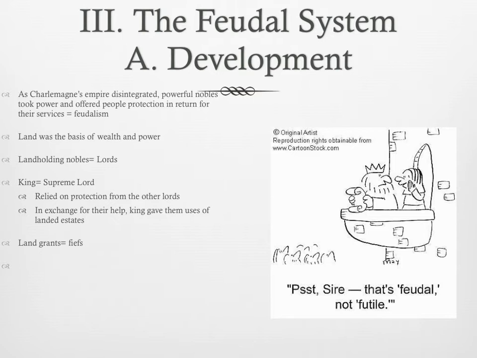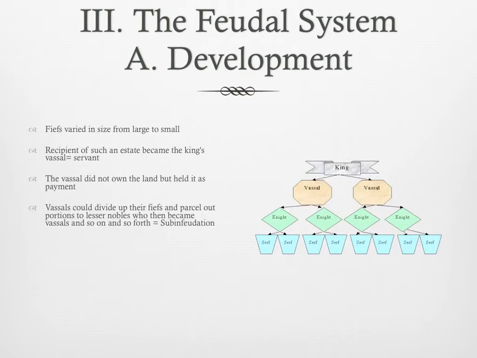When this system first develops, they have to return them back to the king when they pass away. So these land grants are known as fiefs. And obviously, the larger of a fief you have, the more money you have, the more power you have. So they range in size from very large to very small.